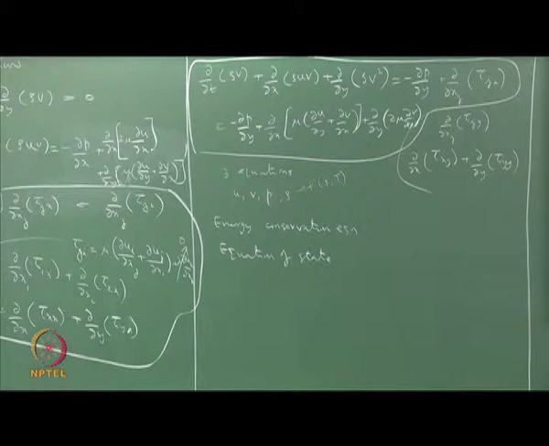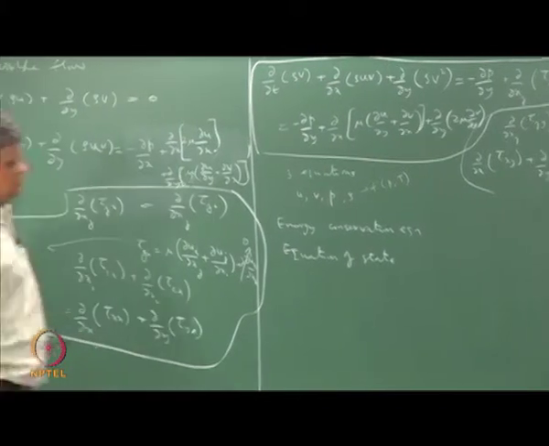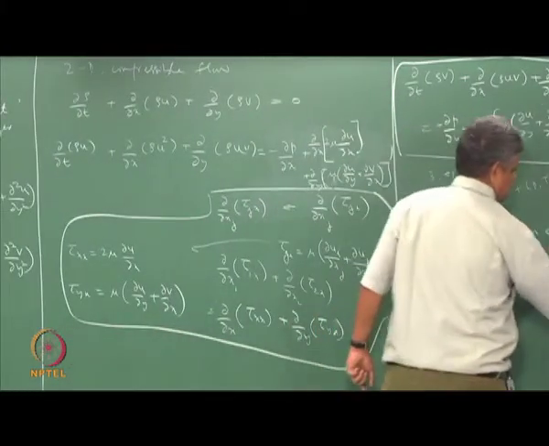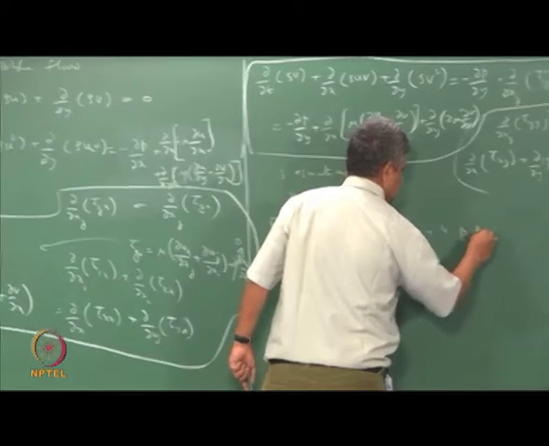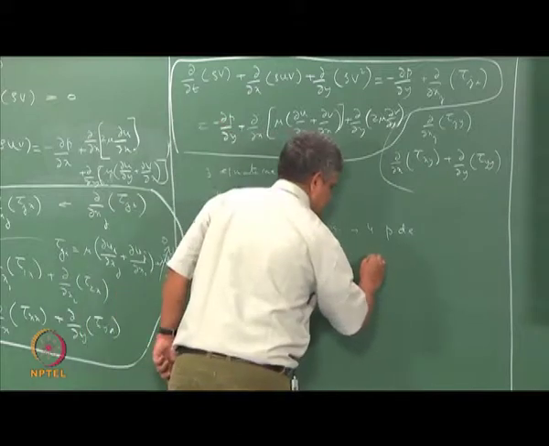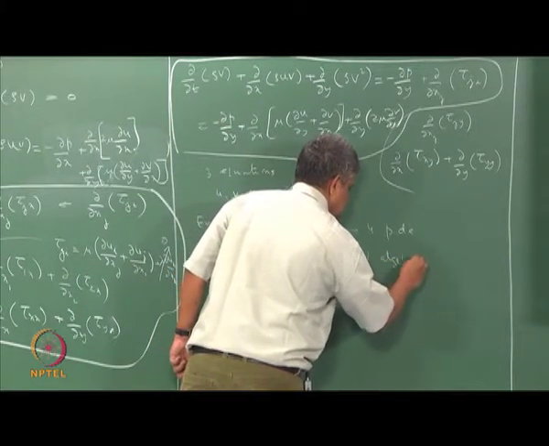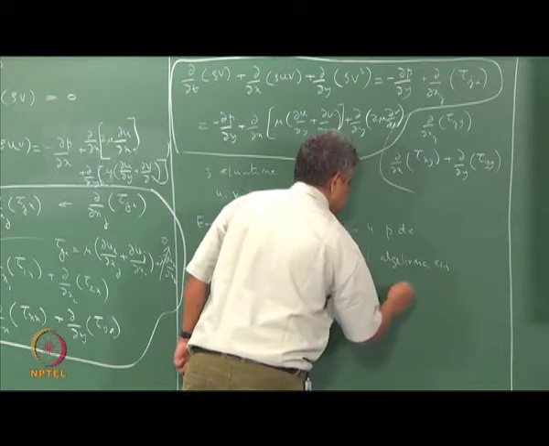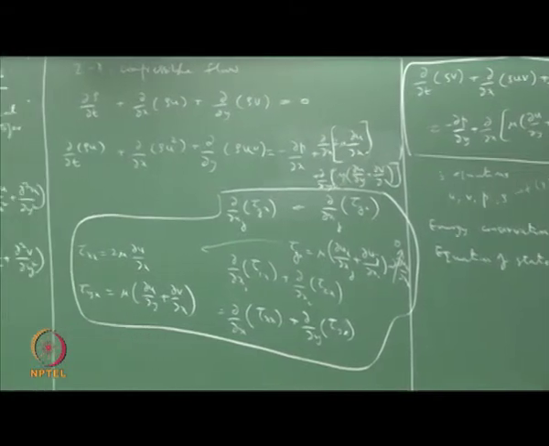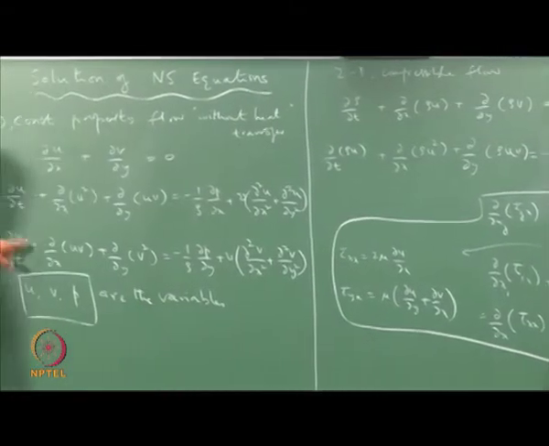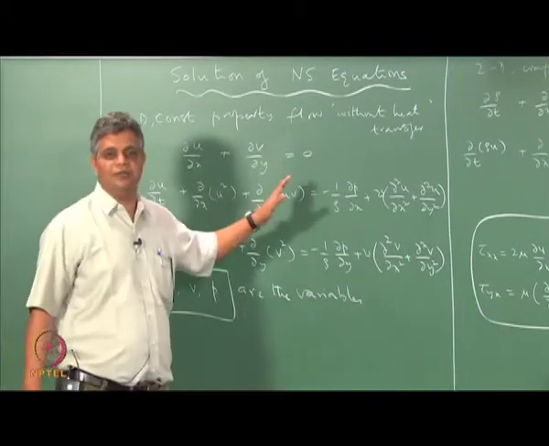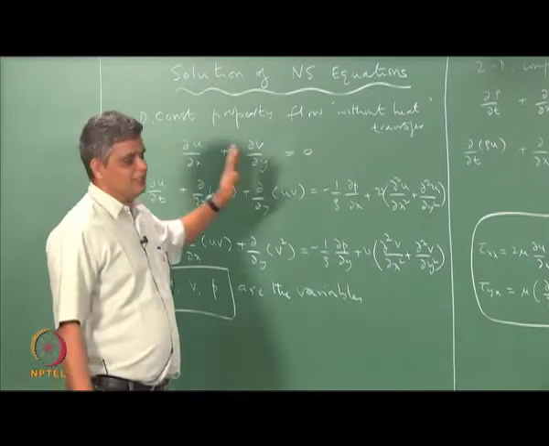Okay, so in the case of 2D compressible flow, we have 4 partial differential equations, and typically one algebraic equation representing the equation of state. In the case of incompressible flow with constant properties, we have 3 equations, and there are 3 unknowns here. So these are the kind of equations that we are solving for the simplest case.